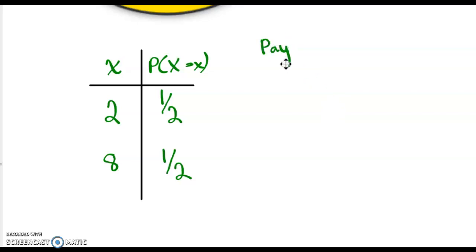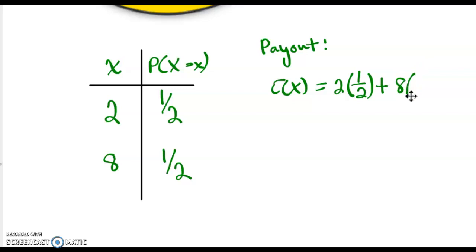So for the payout, our expected value is going to be 2 times a half, x times P of x, plus 8 times a half, once again x times P of x. That would get us a 1 plus a 4, so that would get us €5. So the expected payout is €5.